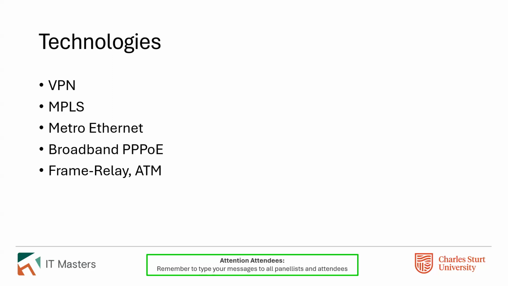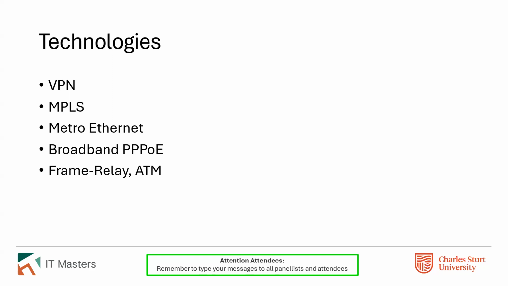Then there's what's called MPLS, multi-protocol label switching, which is what a lot of service providers will use to provide connectivity. Now, it is a form of virtual private network as well, but it doesn't automatically mean encryption the way we usually think of VPNs. Metro Ethernet is a specialized form of Ethernet you will often find in cities.